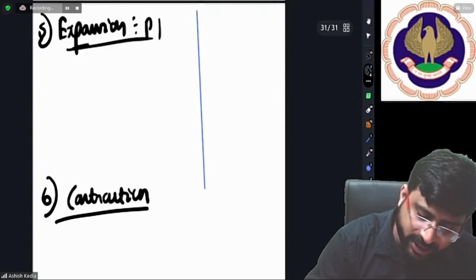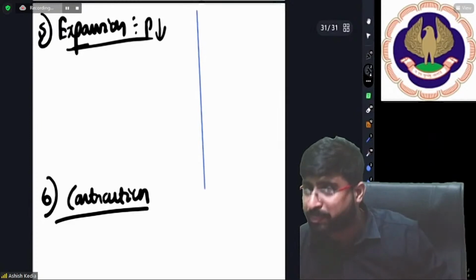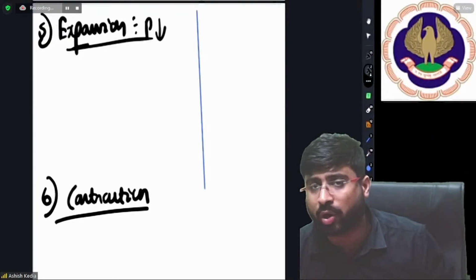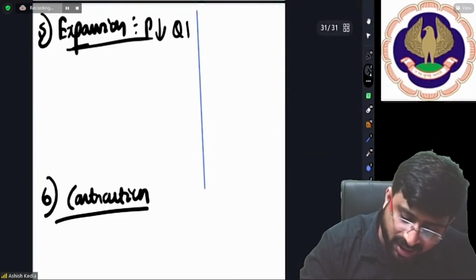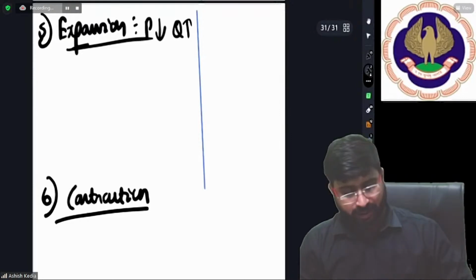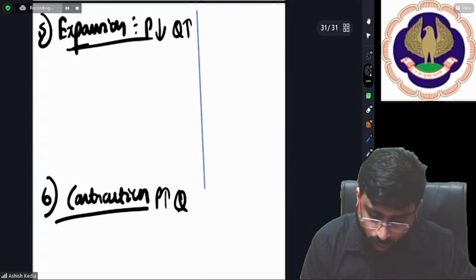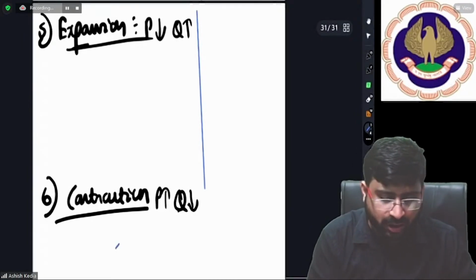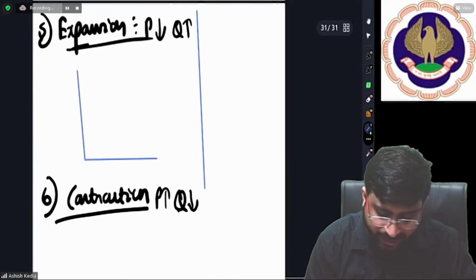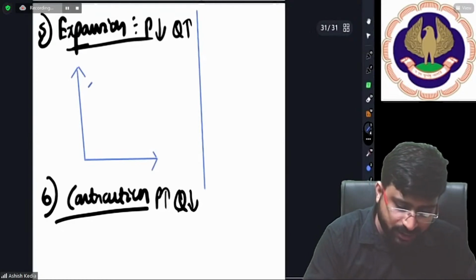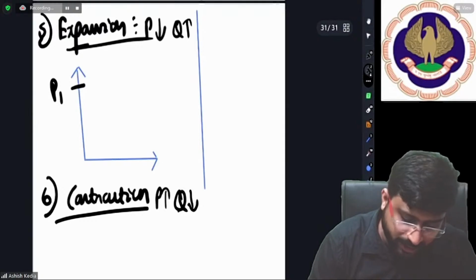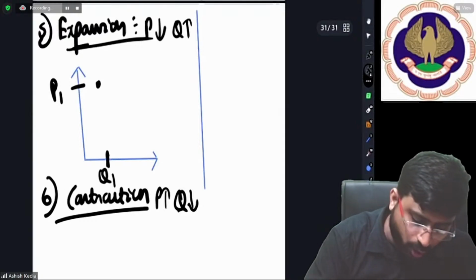If the commodity's price falls, since in movement price is responsible for the change in quantity, the quantity is rising. That is expansion. In contraction, if price is rising, quantity is falling. Sir, let's draw the graph of expansion. Let's say this was the original price, and this was the original quantity. Okay, all good.